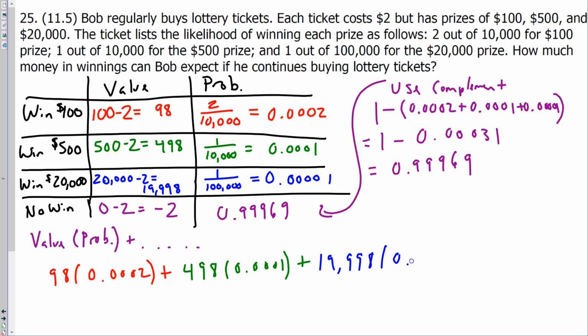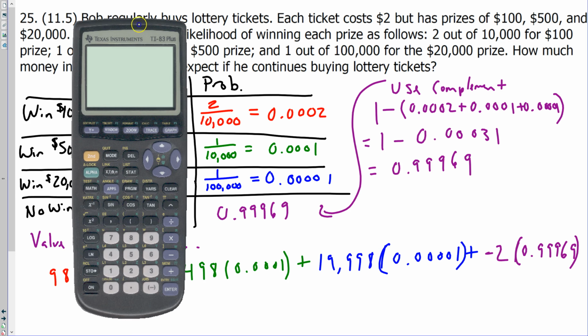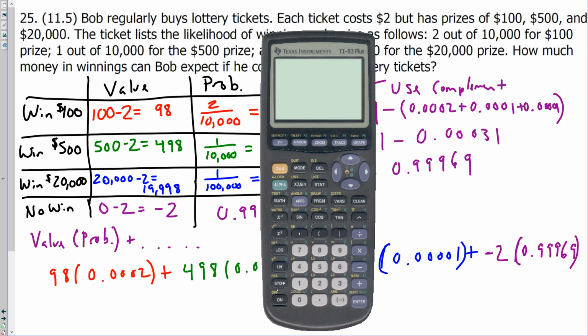The likelihood was 0.00001. And then the last case, which is he doesn't win, that means he goes down by $2, so I'm adding the value. It's still adding, but this time my value is negative, and the probability is 0.99969. This one, we definitely want to be careful typing it in, especially with all those zeros there. As long as we're careful, we should be fine.